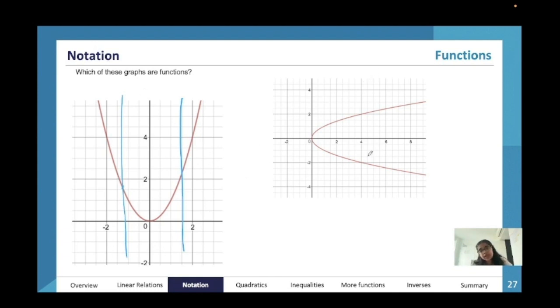Here, if I draw a vertical line at this point, it intersects once, but at every other point on the graph, it intersects twice. So this is not a function. This is a function here.